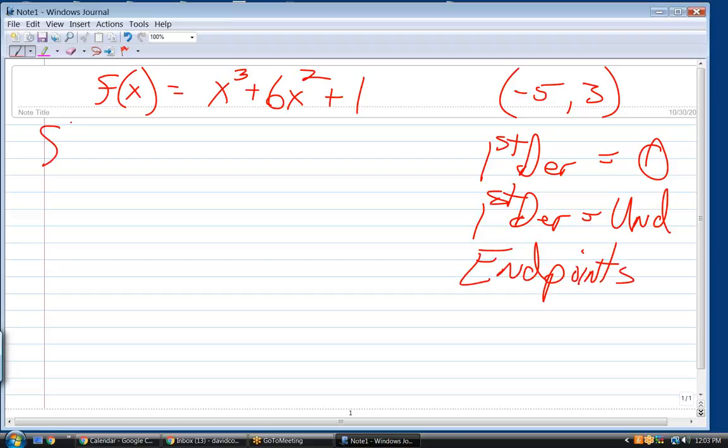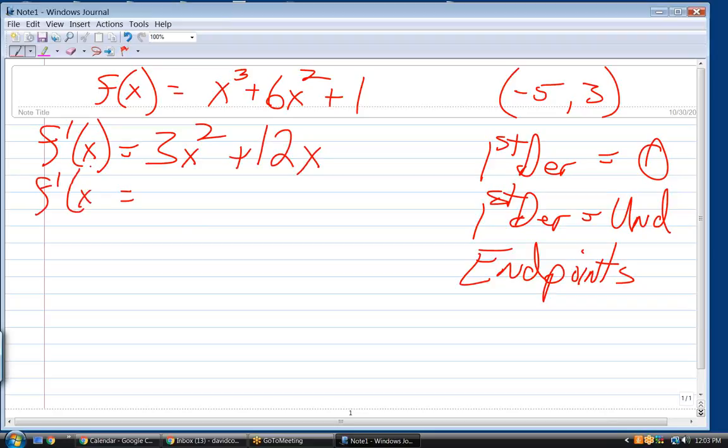What's the first derivative? 3x squared plus 12x. Where is that equal to 0 or undefined? Well, set that equal to 0, and factor out a 3x. Always factor out your greatest common factor.